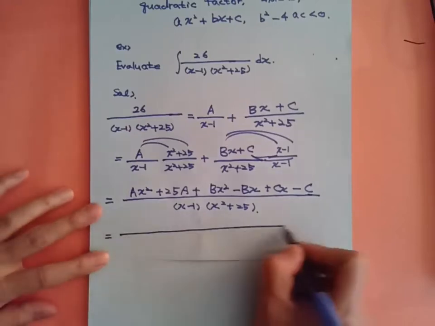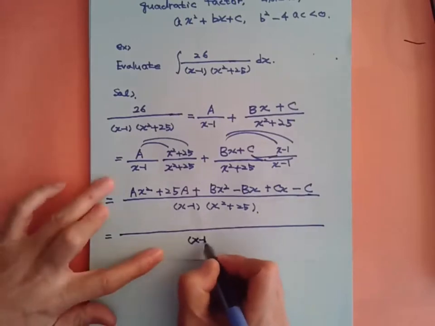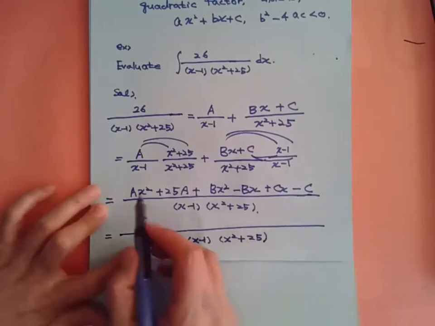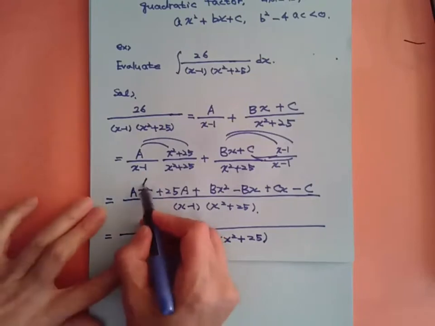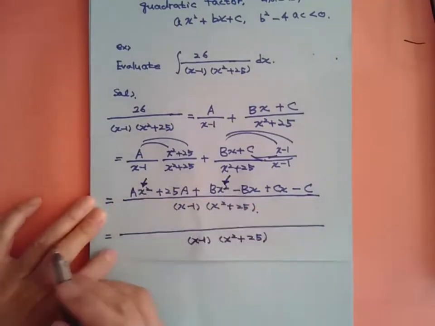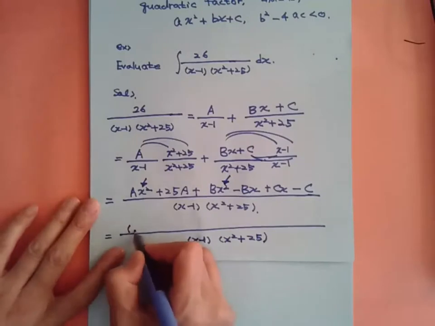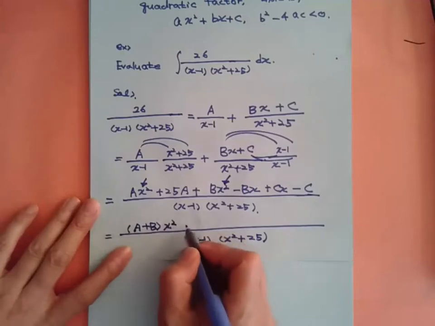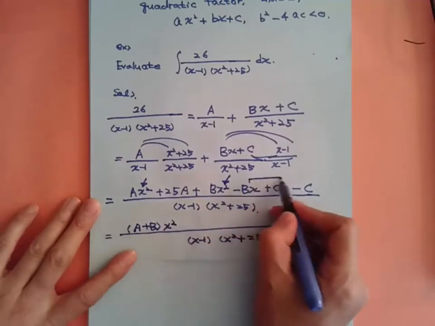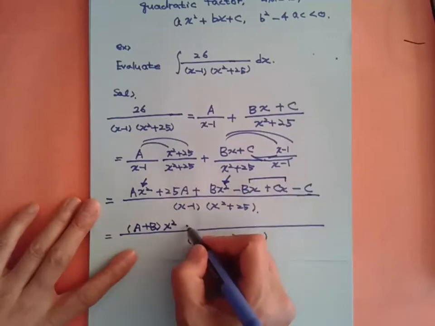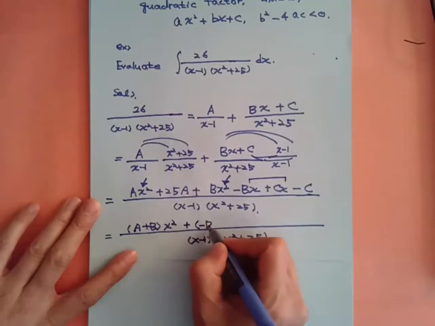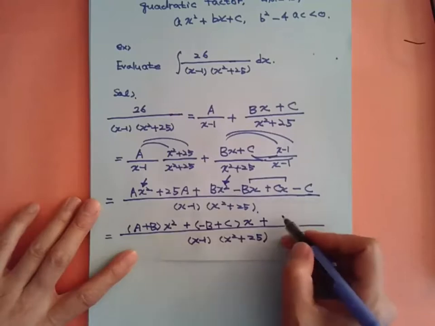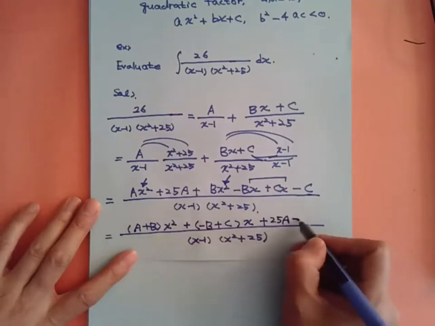So that equals x minus 1 times x squared plus 25. And then we think about degree 2 terms. The coefficients are a and b, so a plus b, x squared. And then these two are degree 1 terms, so plus minus b plus c, x, plus the constant term, 25a minus c.